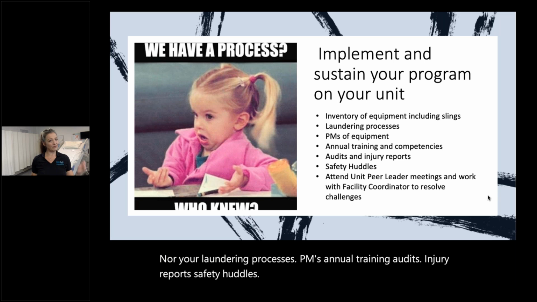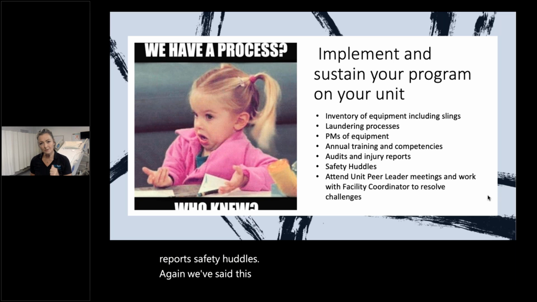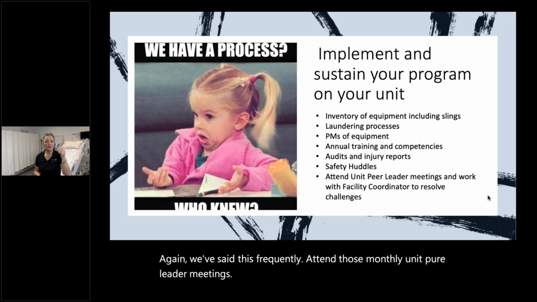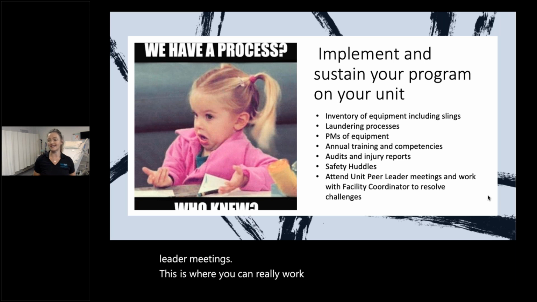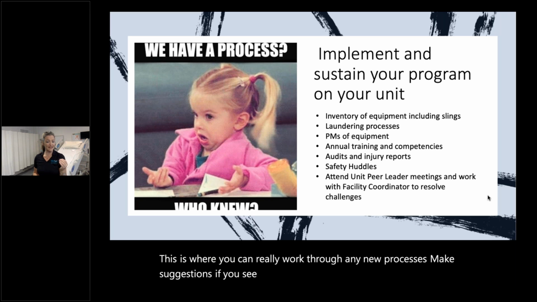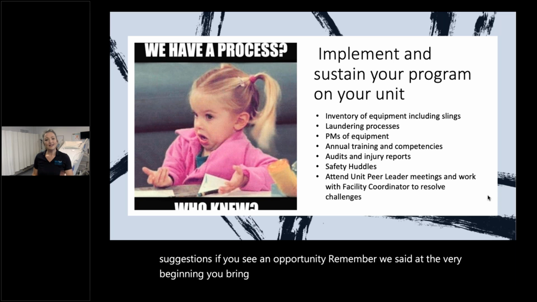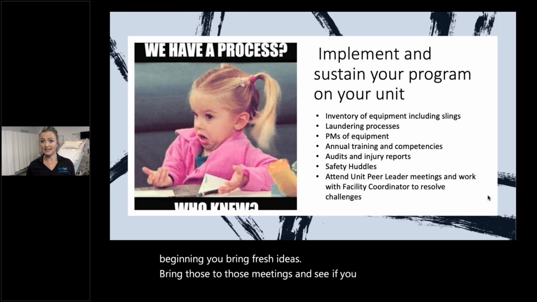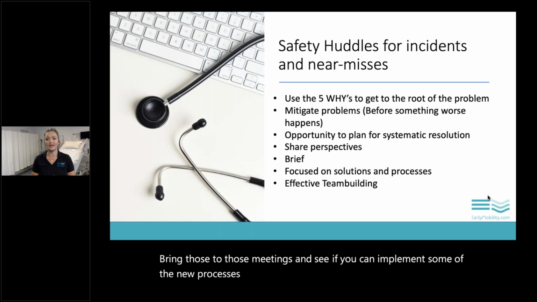Again, we've said this frequently, attend those monthly unit peer leader meetings. This is where you can really work through any new processes, make suggestions. If you see an opportunity, remember we said at the very beginning, you bring fresh ideas. Bring those to those meetings and see if you can implement some of the new processes or new ways of doing things. Safety huddles are very important.